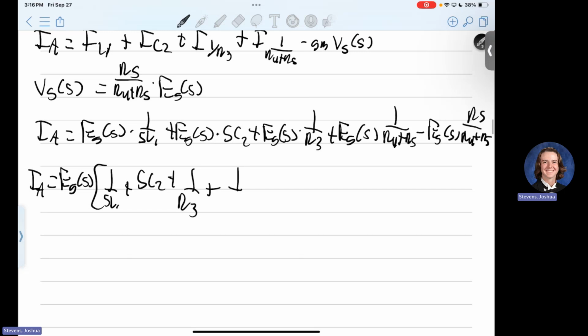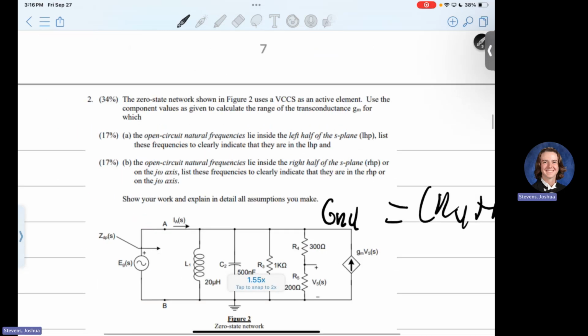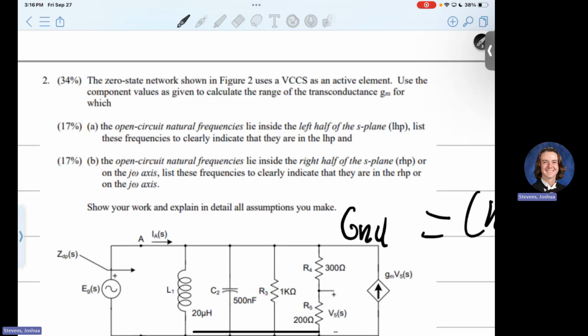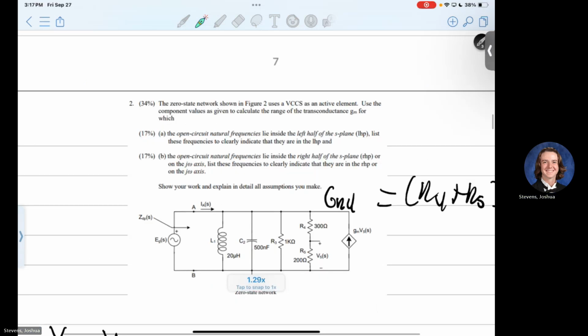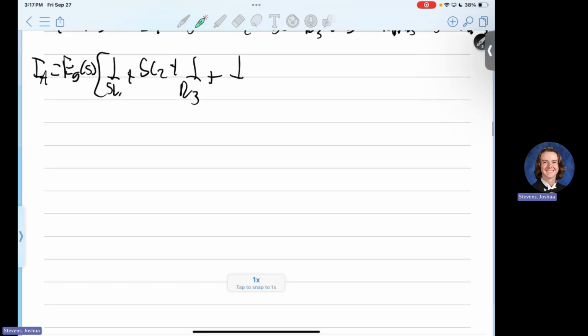GM is not given. They're trying to look for values of GM. What we're looking for is values of GM where our open circuit natural frequencies will be on the left half of the s-plane, and where our open circuit natural frequencies would lie on the right half of the s-plane. Steps will be very similar to what we've done before. Everybody agree with what I'm doing so far?